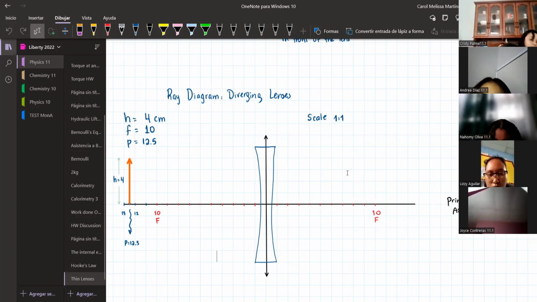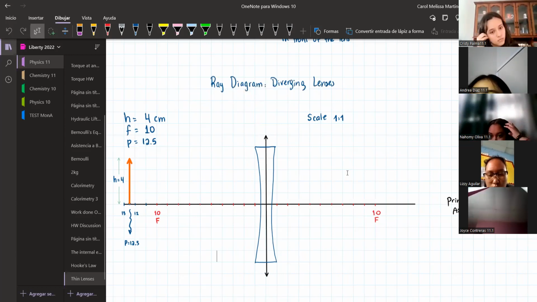So we follow the table that I gave you for the diverging lenses, okay?